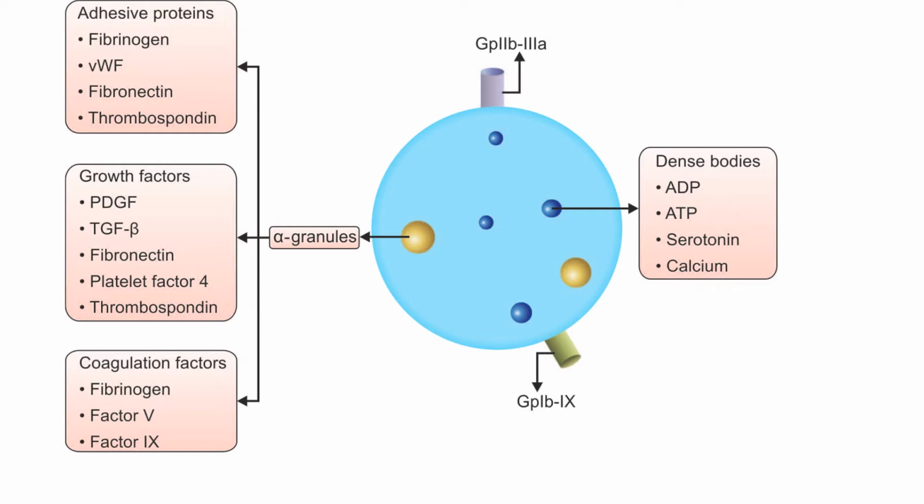For example, the adhesive proteins like fibrinogen, von Willebrand factor, fibronectin, and thrombospondin. There are also growth factors, PDGF, TGF-beta, fibronectin, platelet factor 4, and thrombospondin, and lastly, the coagulation factors like fibrinogen, factor 5, factor 9.